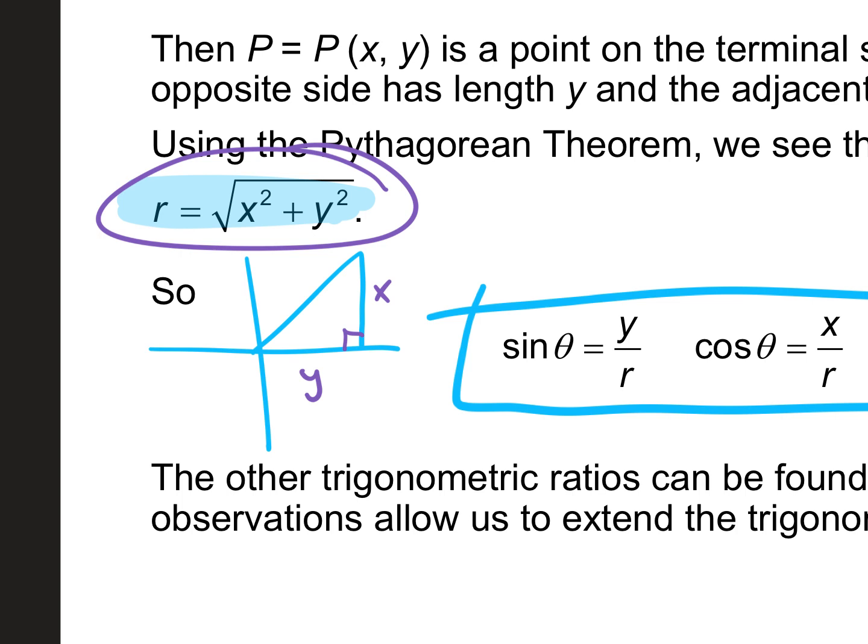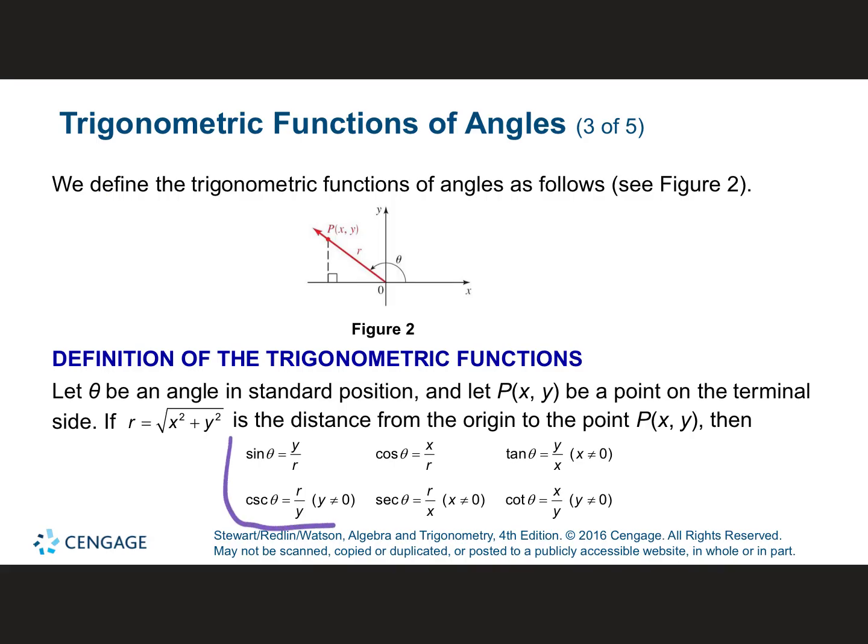It just, instead of c squared or r squared here, took the square root to move it already. So you can use this formula, or you can use Pythagorean theorem. And then here's all 6 of our trig functions in terms of x, y, and r.